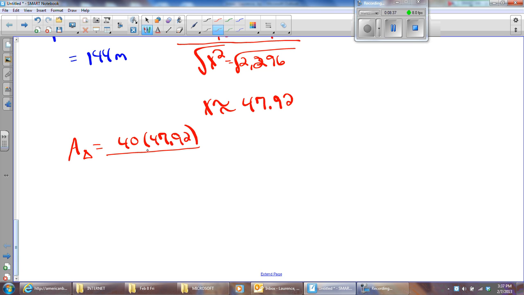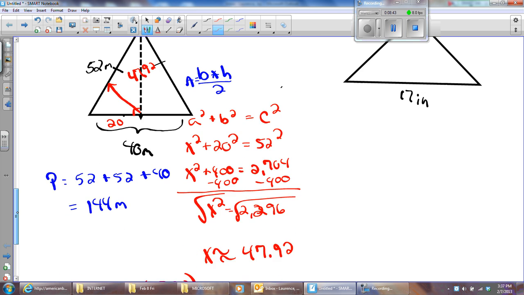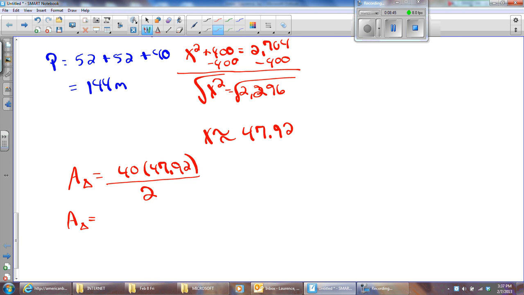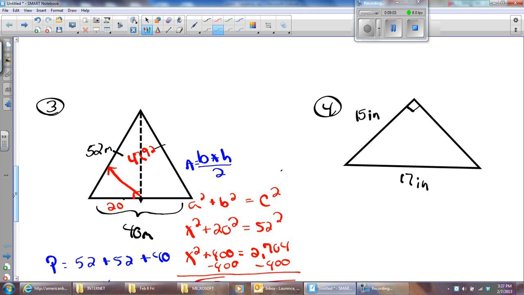I'm going to divide that by 2, and then the area of the triangle is going to be 40 times 47 and 92 hundredths divided by 2, and I'm ending up with 958 and 4/10 meters squared. There we go.